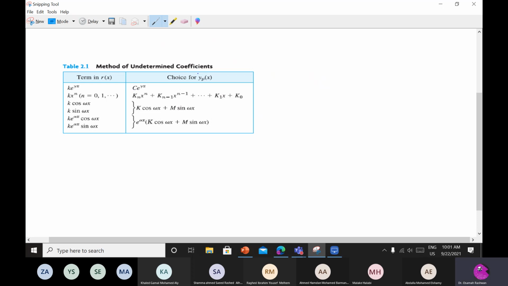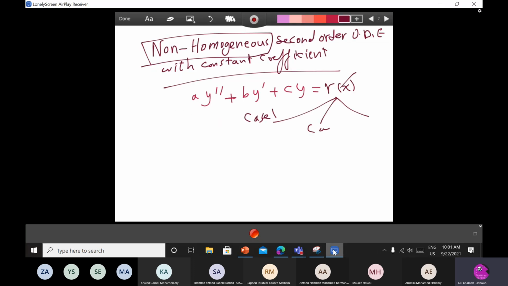I just let the particular solution C. What is the difference between the particular solution and the homogeneous solution? The homogeneous solution was for this one when I suppose this is equal to 0. So in the non-homogeneous case, the solution consists of 2 parts.